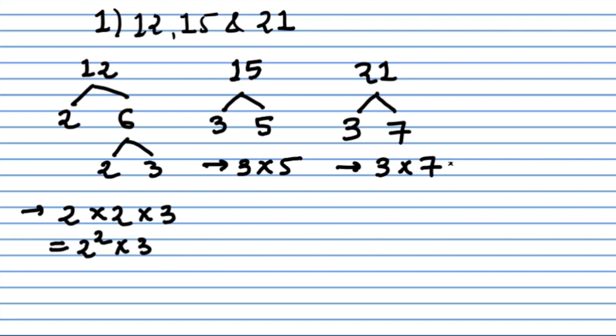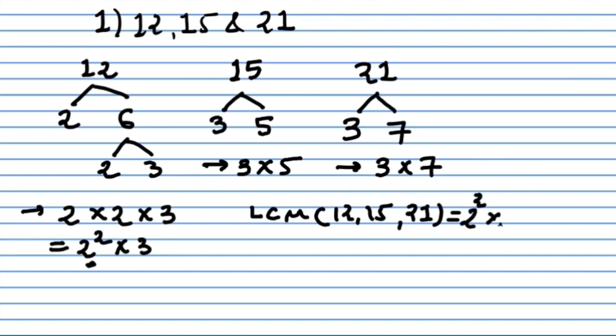So what is the LCM? The LCM of the given numbers 12, 15 and 21 is 2 square multiplied by 3 multiplied by 5 multiplied by 7. How can we get this? 2 is available in the factors of 12 as 2 square, the maximum power.